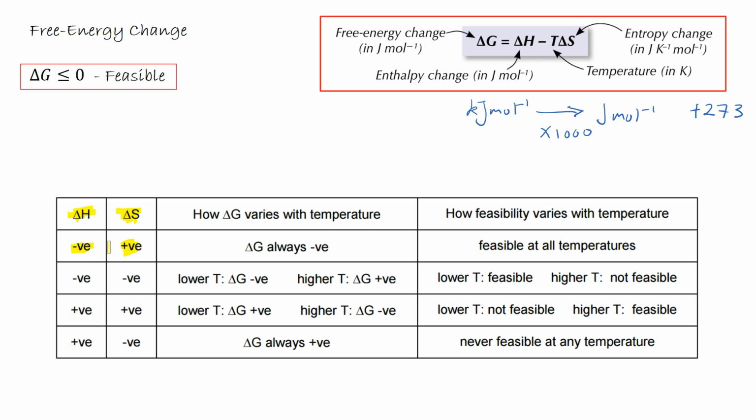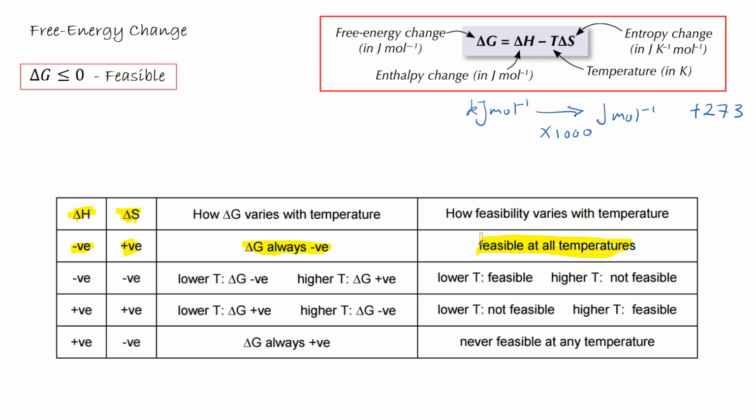If we have that situation, then since the enthalpy is negative and T delta S is always going to be positive, and we're subtracting T delta S from delta H, then delta G will always be negative for that scenario of reactions, and therefore all reactions will be feasible across all temperatures.